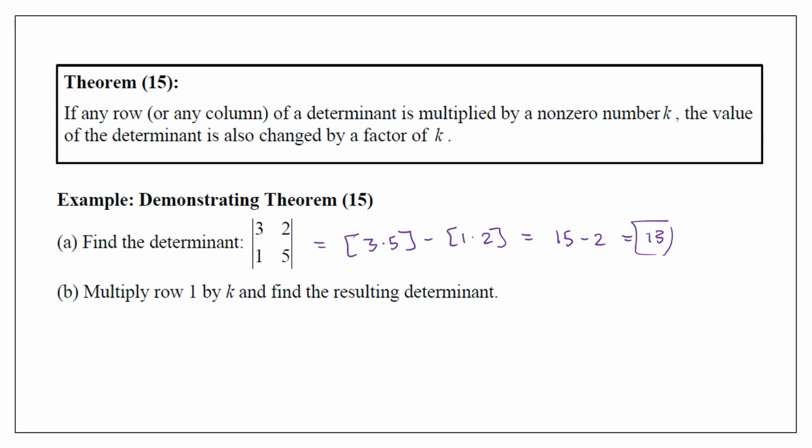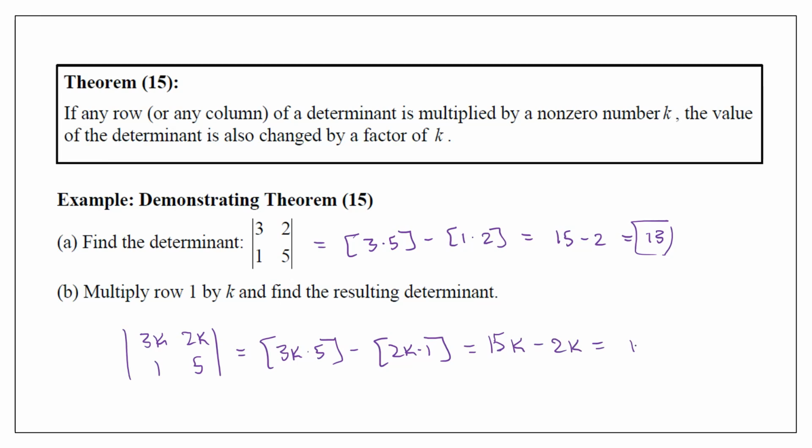So now let's multiply row 1 by k and find the resulting determinant. So that would be 3k, 2k, 1, 5. So I'll have 3k times 5 minus 2k times 1, which equals 15k minus 2k, which equals 13k.